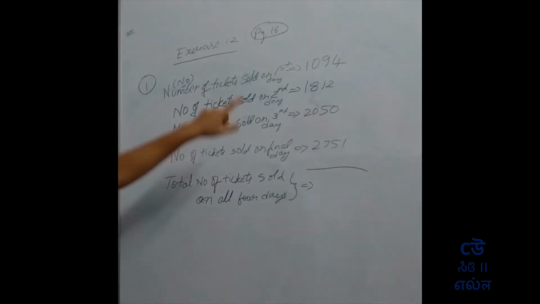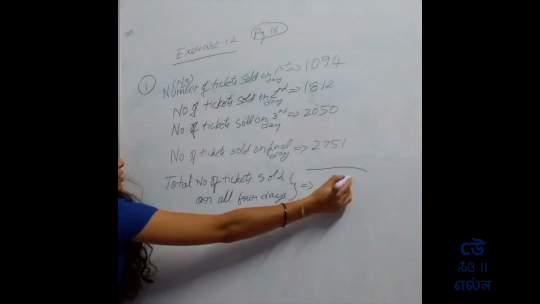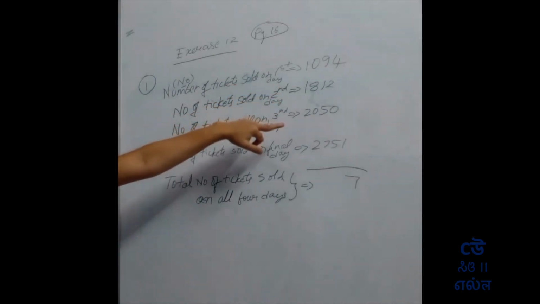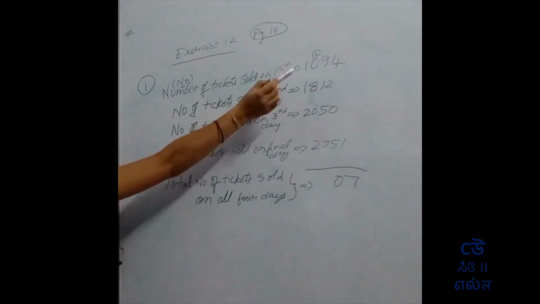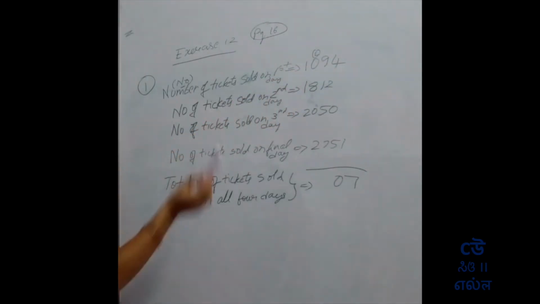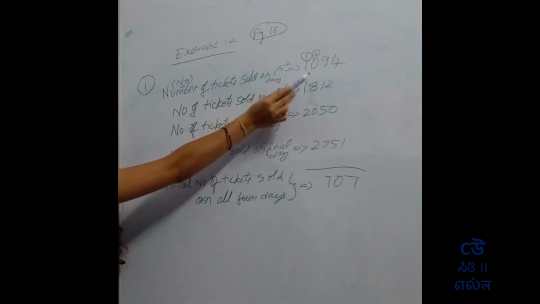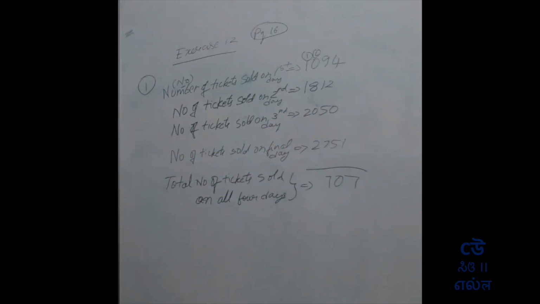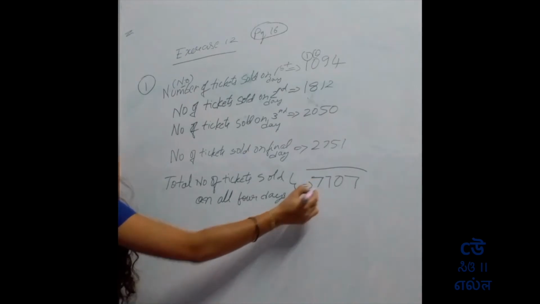Okay, so 4 plus 2 plus 1 is how much? 4, 5, 6, 6 plus 1, 7. Next, 9, 9 plus 1, 10, 10 plus 5, 15, 15 plus 5 is 20. 2 plus 8, 8, 9, 10, 10 plus 7 is 70. 1 plus 1, 2, 2 plus 1, 3, 3 plus 2, 5, 5 plus 2, 7.